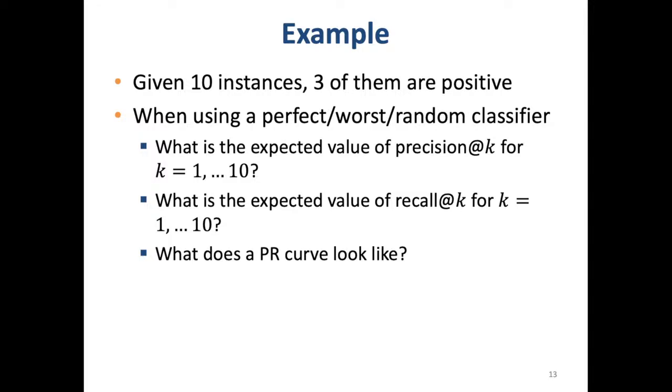The perfect classifier will put all the 3 positives at the top and all the zeros at the end. That's a perfect classifier. A worst classifier will be put all the zeros in the front and the 3 ones at the end. That's a worst classifier. And for a random guess classifier, it's sort of like all the ones will roughly equally distributed among the 10 instances.